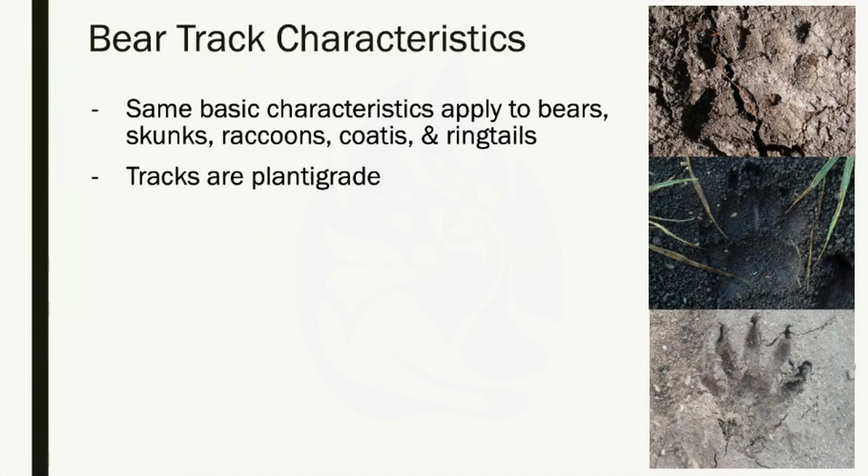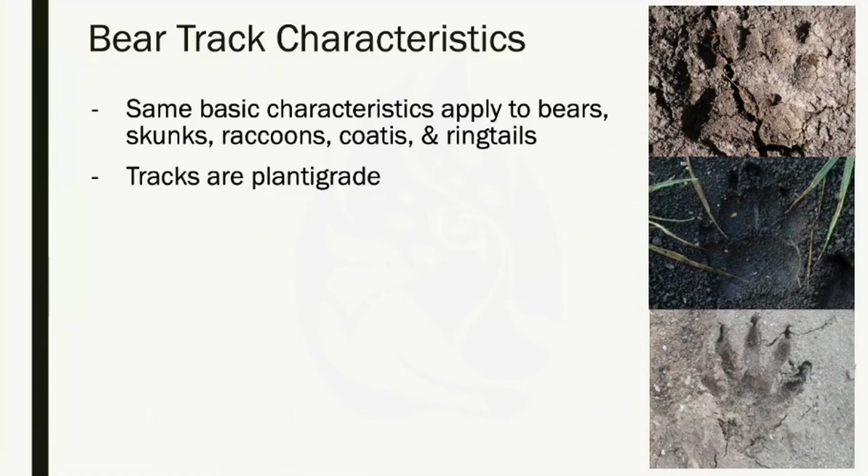What plantigrade means is just a fancy way of saying that the toes, the palm pad, which is the fleshy part of the track, and you can look at your hand or foot, and the heel pad all reliably register for these species. Not all the time, but most of the time.